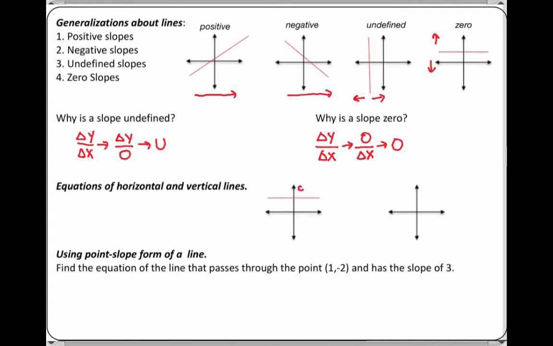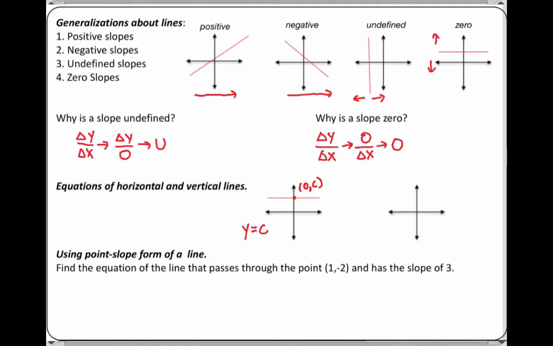In fact, if we write this a little slicker, it's going to pass through 0 comma c, where this guy is going to be c. So since it hits the y-axis, we're just going to say y equals c. So it's always going to be y equals some constant, some number.